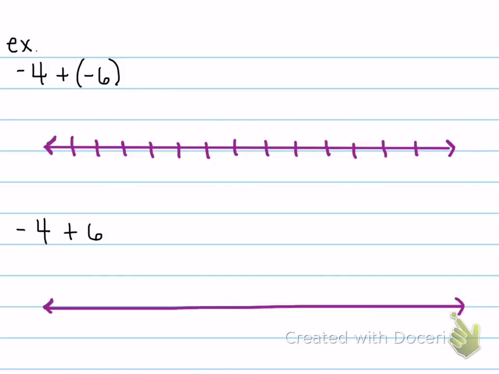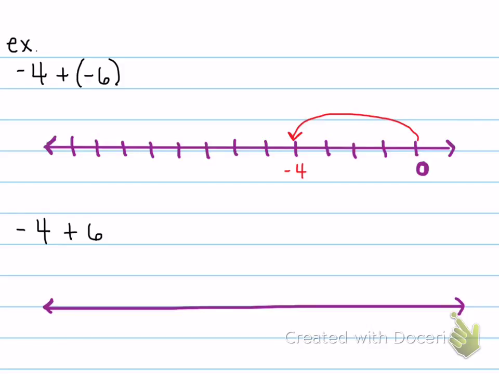All right, so I notice that they're both negatives. So I'm going to put the 0 over here. And starting at 0, I'm going to go the -4 that it first says. So I'm going to jump from 0 to -4. 1, 2, 3, 4. So we're at -4. And then from there, we're adding another -6.